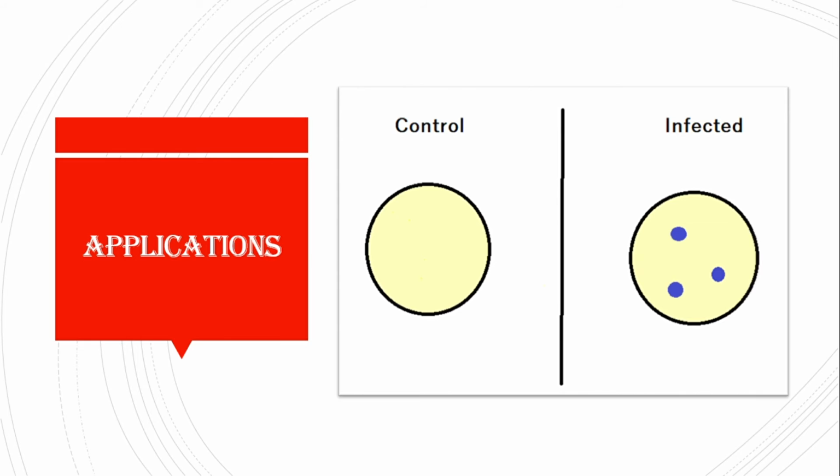Applications of the ELISPOT assay include that we can use this assay to detect the presence of certain infections. That is, in response to certain infections, certain cytokines are produced, and these cytokines are present in the sample. So if no infection, no cytokines, that is the control, whereas infected individuals, or infected samples, show the presence of spots.